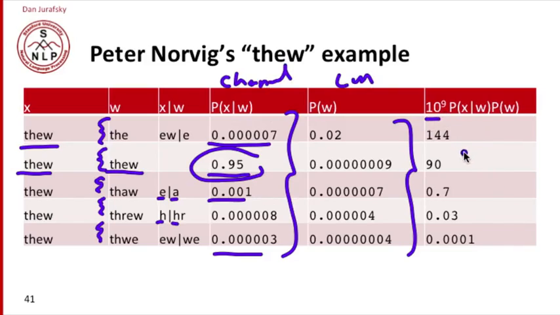You can see that the word the is correctly chosen, with very high probability, as the word thew by itself. And in context, this is using a unigram language model. If we're using a bigram or a trigram, we're even more likely to be able to distinguish when the word thew really was the word thew and when it was the word the.